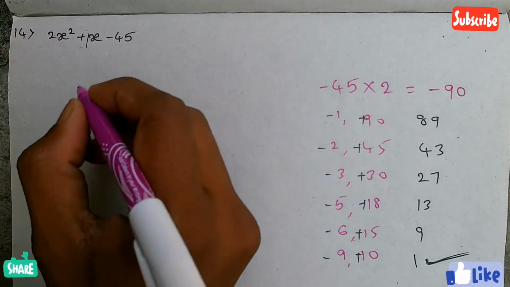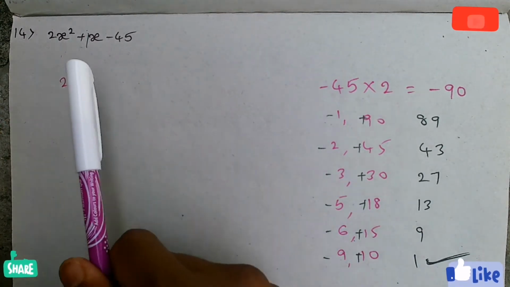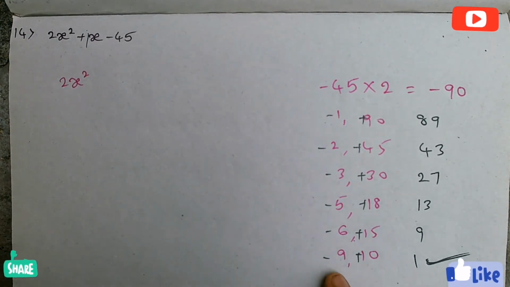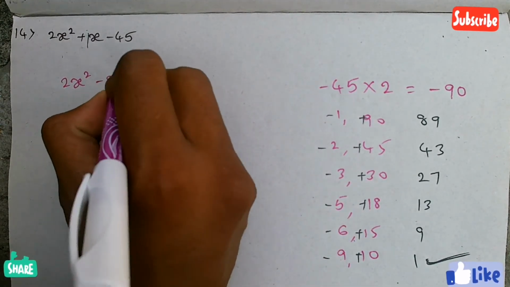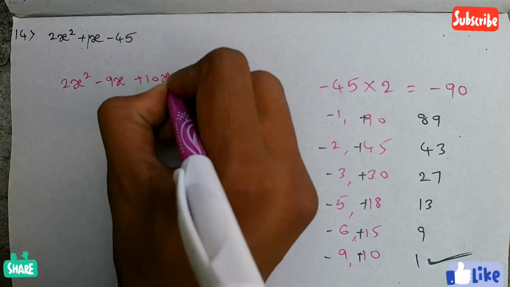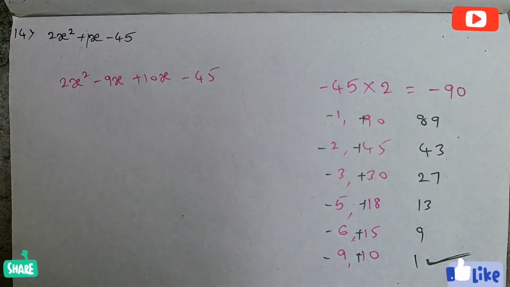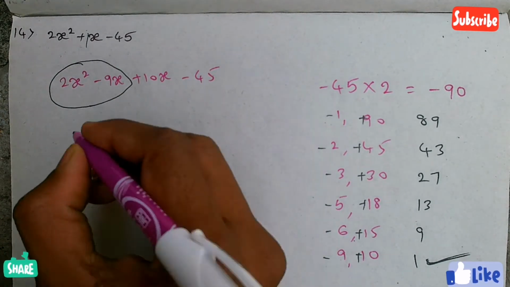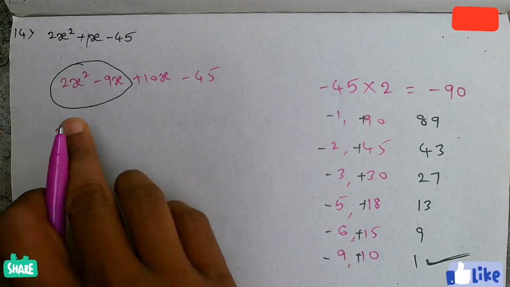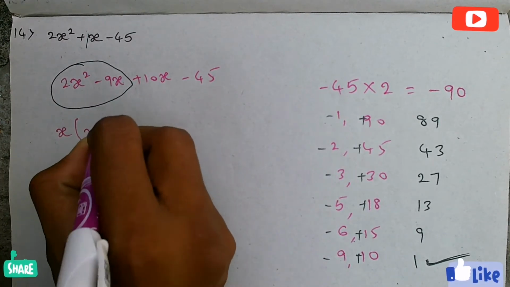So now 2x square as it is. In the place of 1x, we need to write minus 9x plus 10x, minus 9x plus 10x minus 45 as it is again. Now, if we observe the first term and second term clearly, we will get something in common, that is the alphabet x. Here 2x square is there, x is already taken, so we remain with 2x.